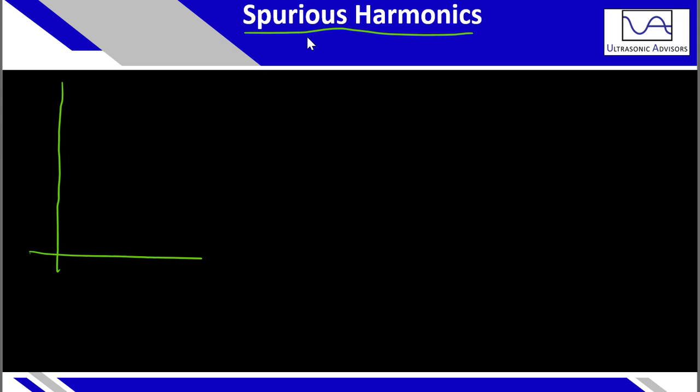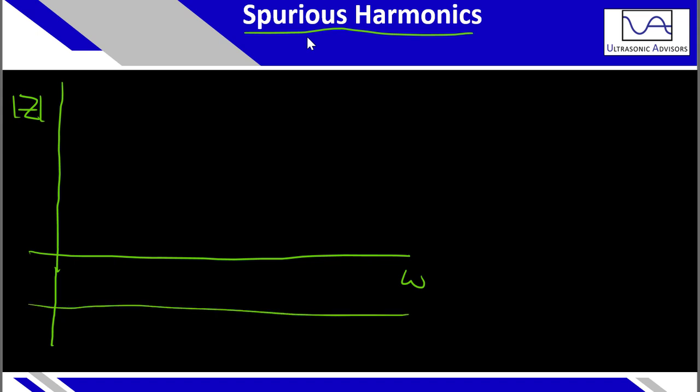What these spurious harmonics look like, if you have, let's just use impedance magnitude and frequency. We'll also draw a phase down here. Let this be a zero phase. So say you typically have a device that looks like this.